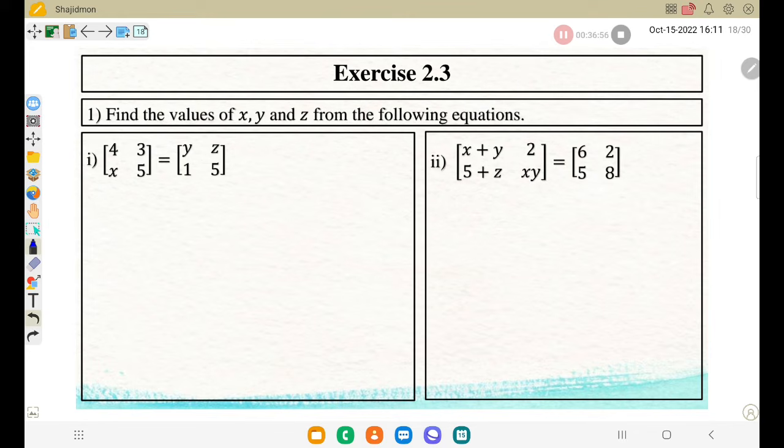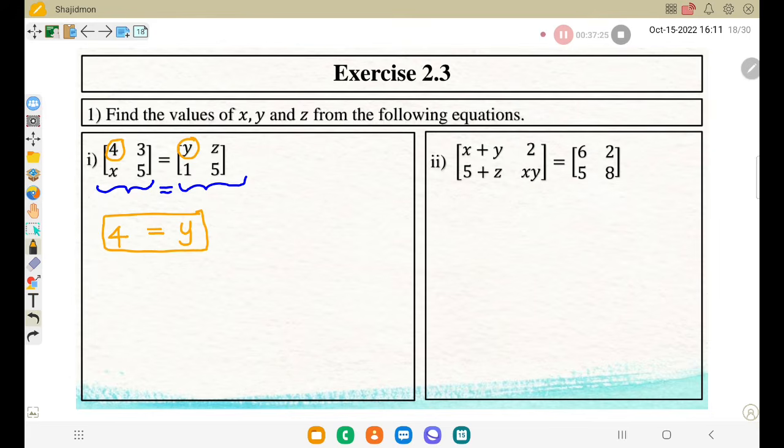So what is given here? This matrix equals this matrix, correct? Two matrices are equal means, as we discussed, the first number should be the same as the first number, the second number the same, the third number the same, the fourth number the same. So what is the first number? 4 here equals, what is the first number? y. So y value we got, y equals 4.